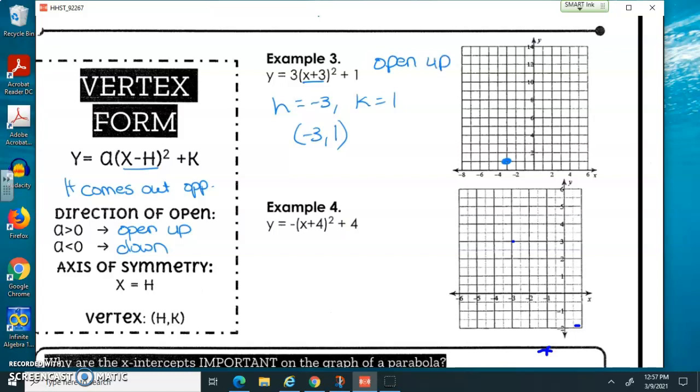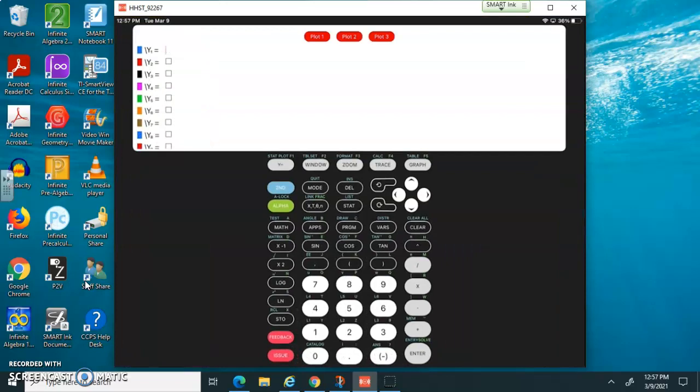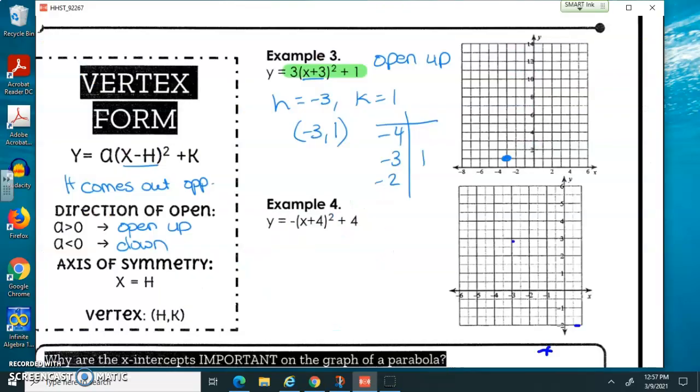And then we have our chart. Remember this, we have negative 3, 1, so we can go negative 4 and negative 2. So we're going to put the function in our graphing calculator. So let's go 3x plus 3 squared plus 1. Don't forget the square, plus 1. Okay, let's check that.